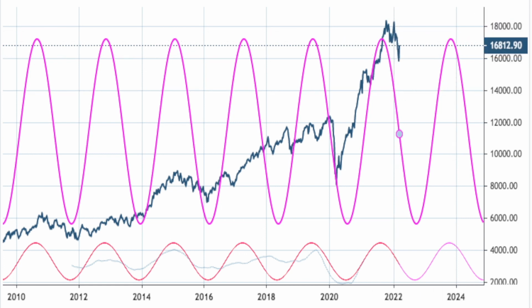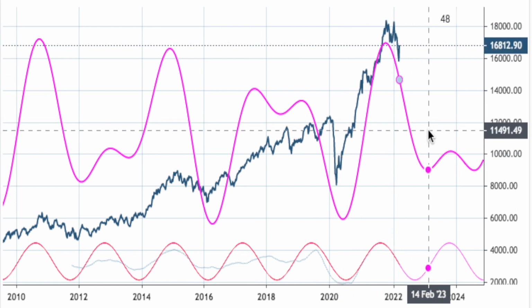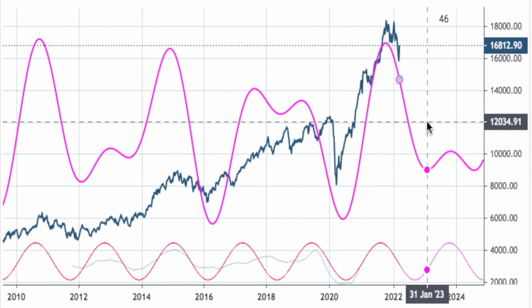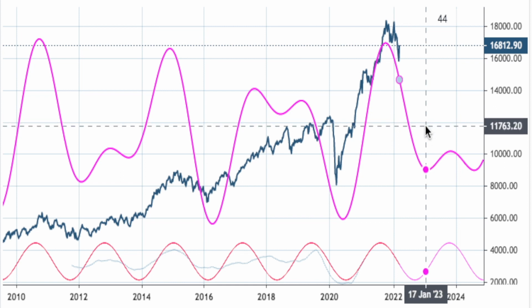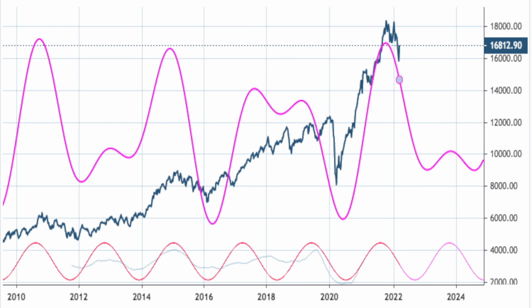Once you do a composite of those two, this is the forecast you get using the cycle. It bottoms out somewhere around January 2023 next year, and then it just goes sideways. So that's a composite of both of those.